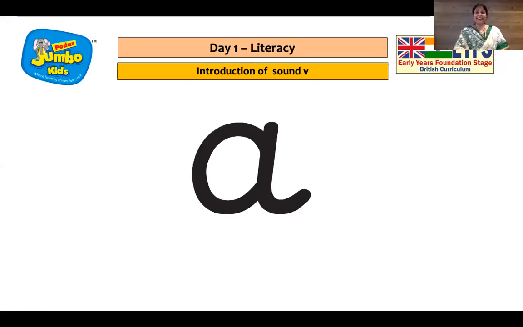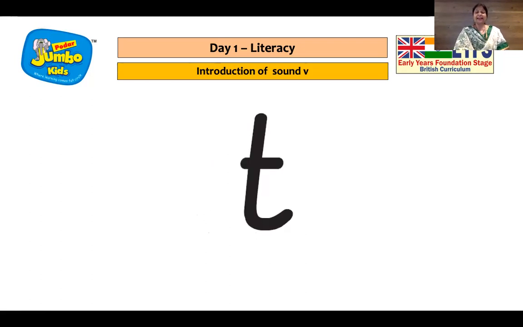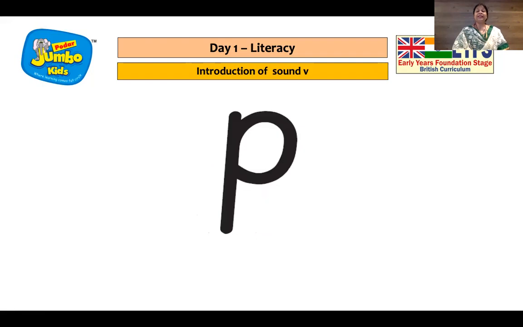Letter A, correct. A says ah. And this is letter T. T says T. Letter P, correct.